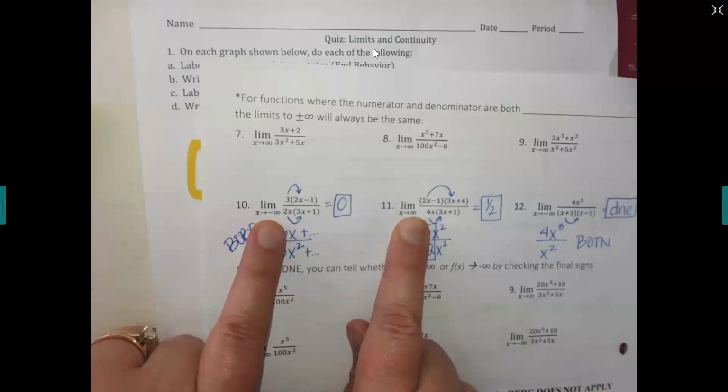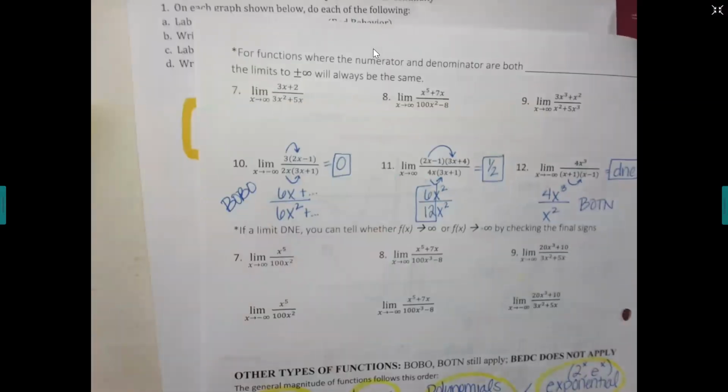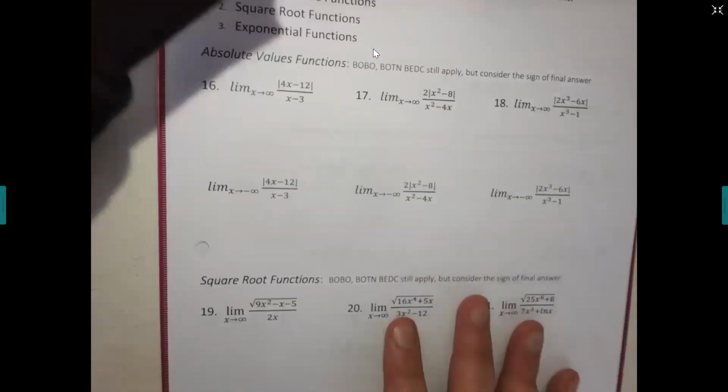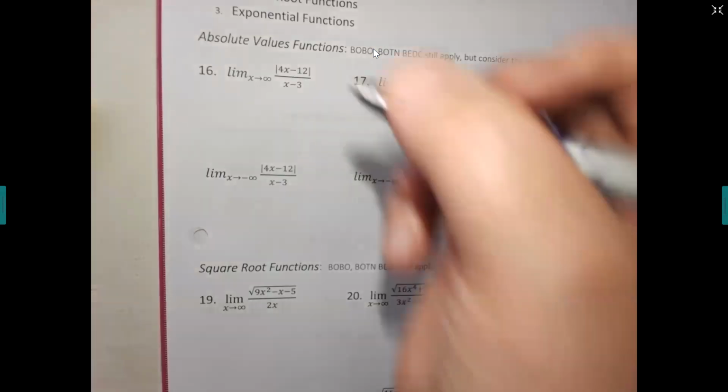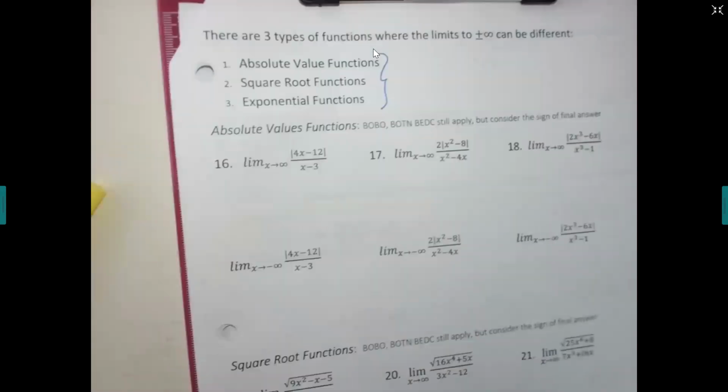Did we do anything different though? No. So for 90% of the functions you're going to see, infinity or negative infinity doesn't matter, you're doing Bobo, Bottom, and Betsy. There are three equations where it matters, and they're right here at the top. The first one is absolute value, then square root, then exponential. We're going to go through each type one at a time.